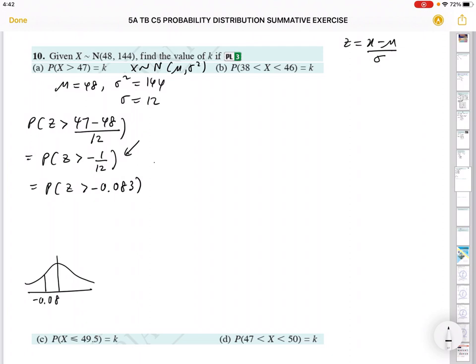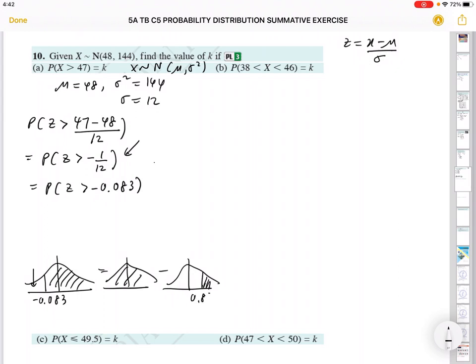More than is over here. The problem is your mathematical table is based on the upper tail, not the lower tail. So what we can read from the table is only the smaller side. So we have to do 1 minus, and we take this part and flip it over to 0.083.